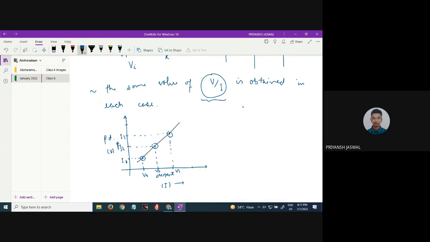This is the graphical meaning of V by I being approximately constant.